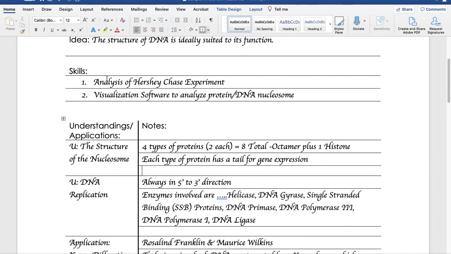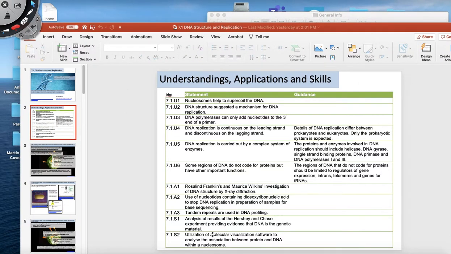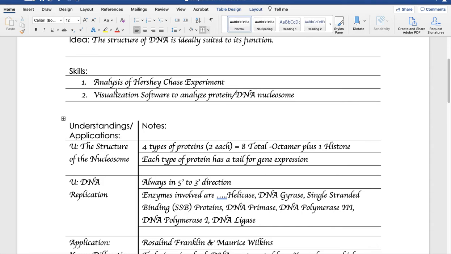Now, where did I get the skills? Again, I got the skills from here. Skill 1 is the analysis of the Hershey and Chase experiment, and skill 2 is being able to utilize molecular visualization software to look at the association between proteins and DNA within a nucleosome. So I wrote that down.